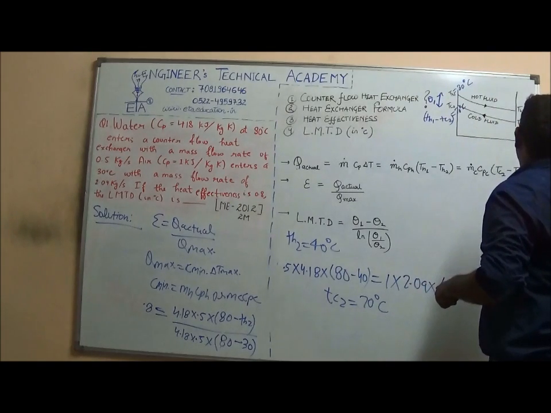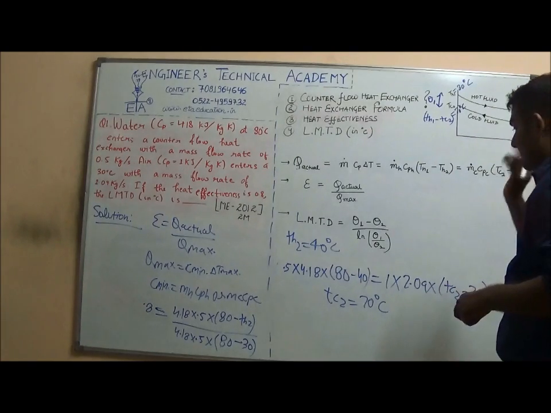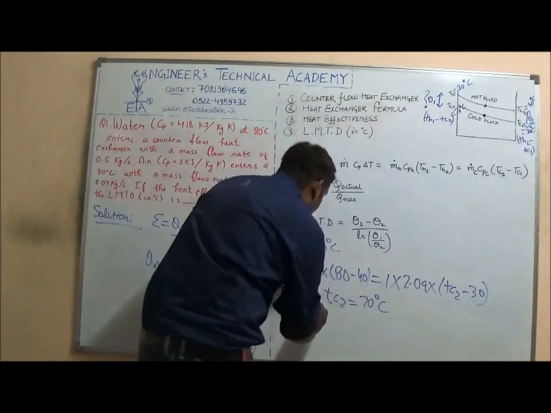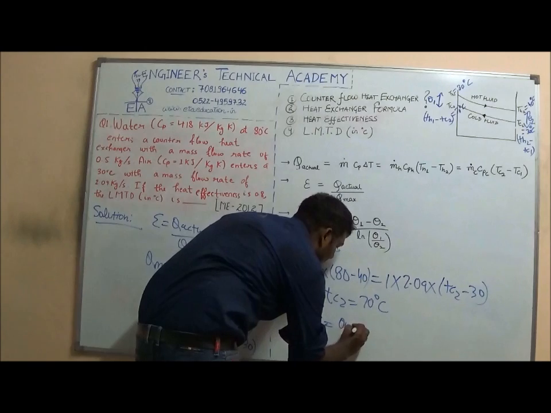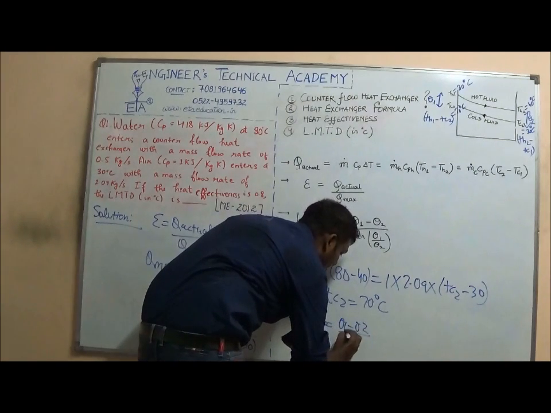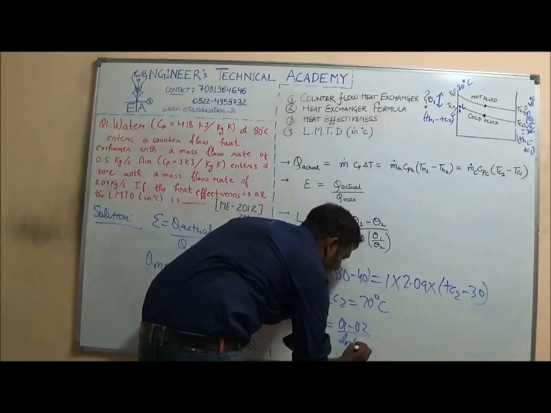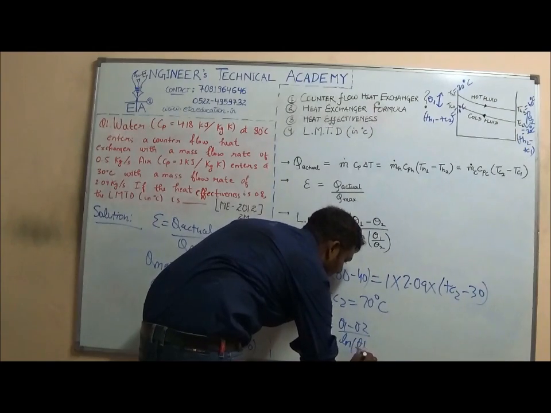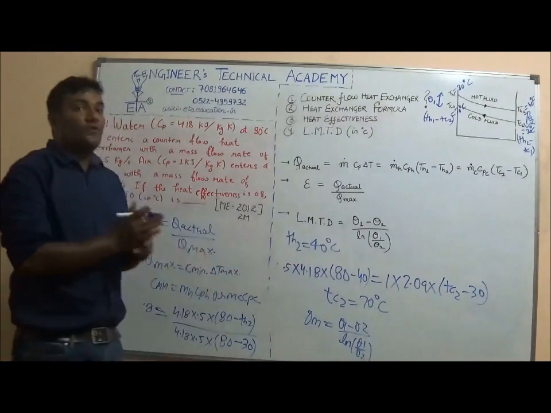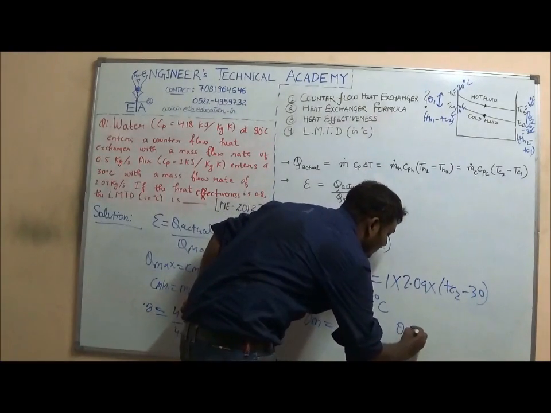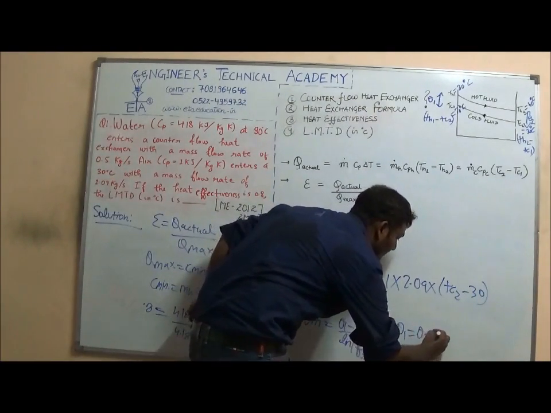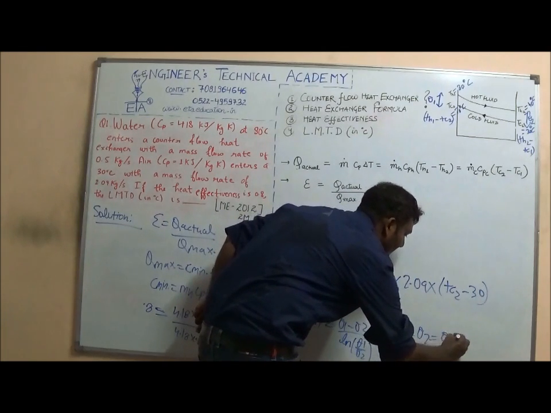Same here, Th2 is 40 degrees Celsius and Tc1 is 30 degrees Celsius. So the difference between these two is also 10 degrees Celsius. So the final conclusion: LMTD is equal to (theta1 minus theta2) upon ln(theta1 upon theta2), which gives you an answer in 0 by 0 form, which is a special case for the counterflow heat exchanger, which says LMTD equals theta1 equals theta2 equals 10 degrees Celsius. So our final answer is LMTD equal to 10 degrees Celsius.